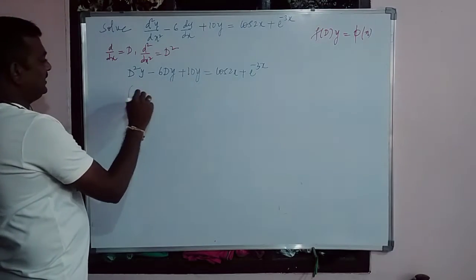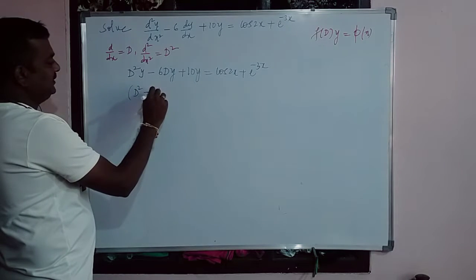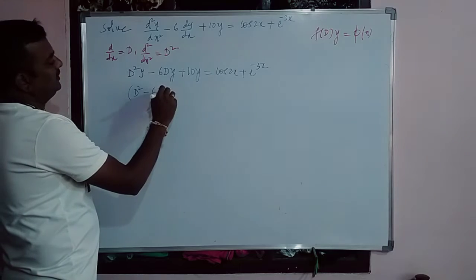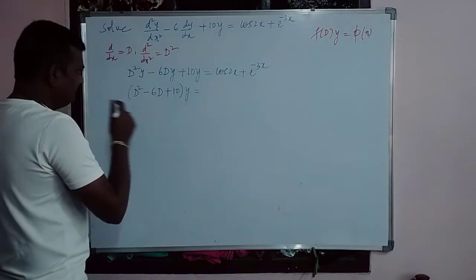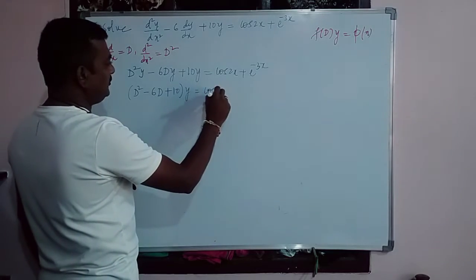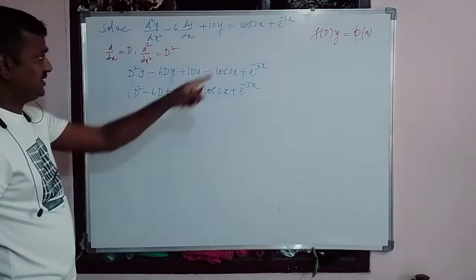Here you can take y common on the left side, so it becomes D square minus 6D plus 10 into y is equal to cos 2x plus e raised to minus 3x. Now it is in the standard form.